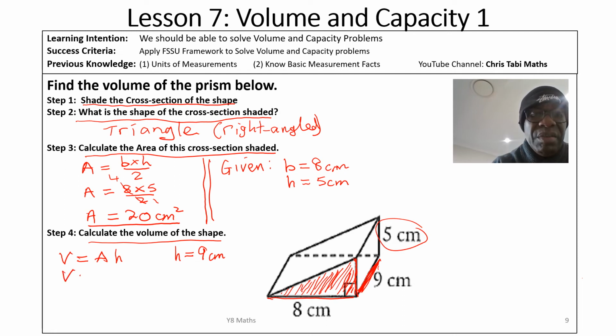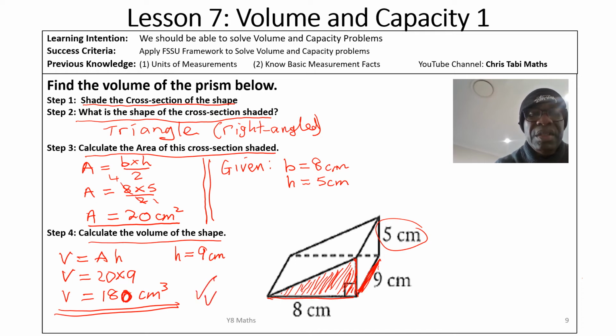So our volume equals 20 multiplied by 9, and that will be equal to 2 times 9 is 18, so 180. And the unit is cubic centimeters. So 180 cubic centimeters.